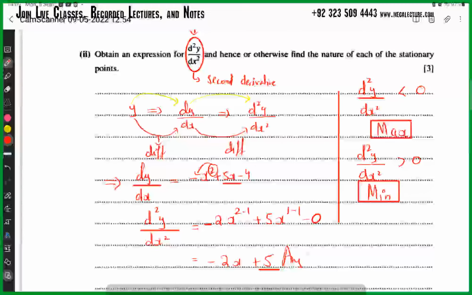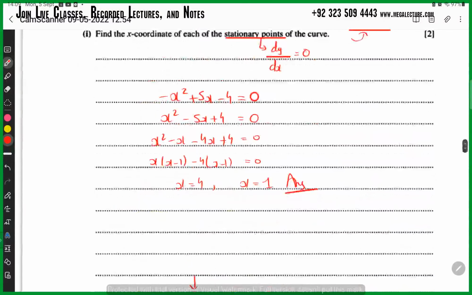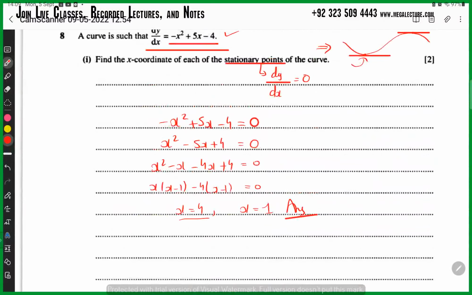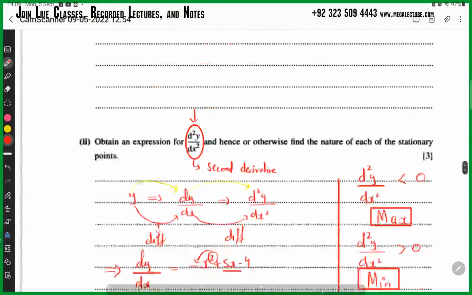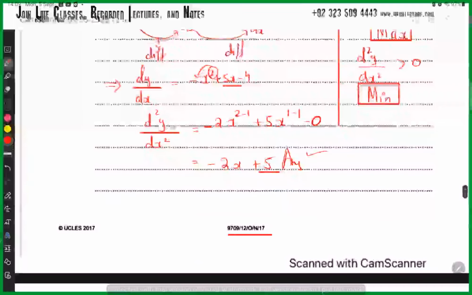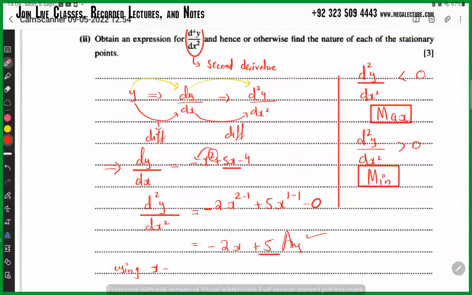Now you have the second derivative. We have two stationary points, x equals 4 and x equals 1. These are just the x coordinates because the question was about the x coordinates only. So using x equals 4, we are going to get minus 2 into 4 plus 5, and that is going to give me negative 3.